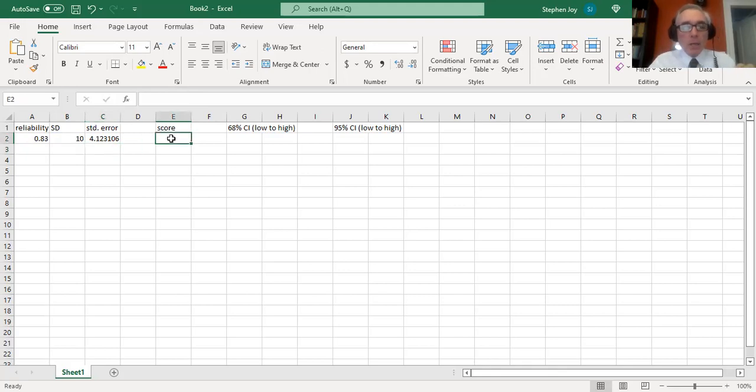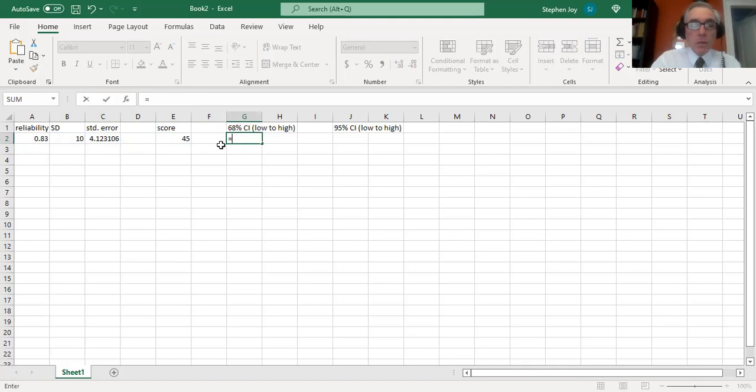Now, let's say that somebody obtains a score on the test of 45. This might be one of those T-score tests where the mean is 50. Well, the 68% confidence interval, again, is from a low score to a high score.